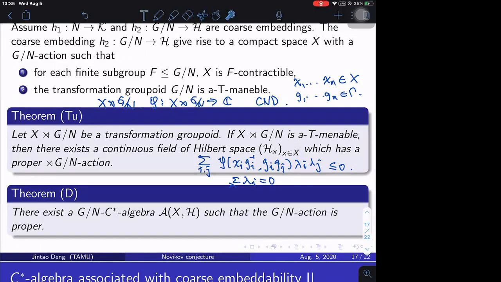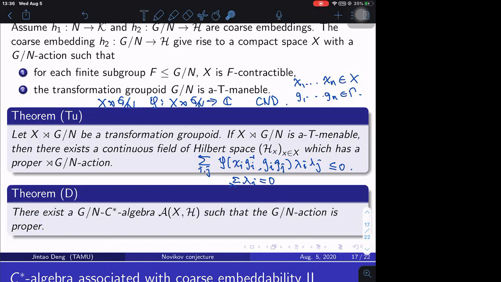By the construction of Higson-Kasparov-Trout, we can define a system algebra on each fiber, and a continuous field construction of this fiber of system algebras. Considering all the continuous sections gives us a system algebra with the quotient group action, and we can also show that this action is proper.